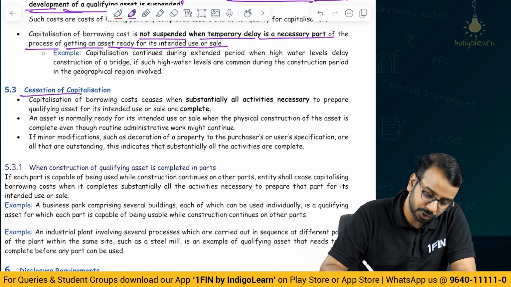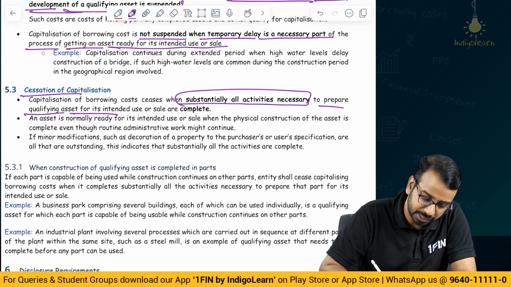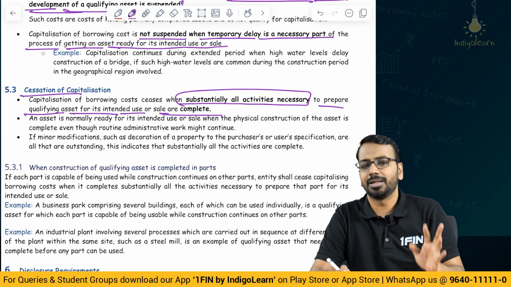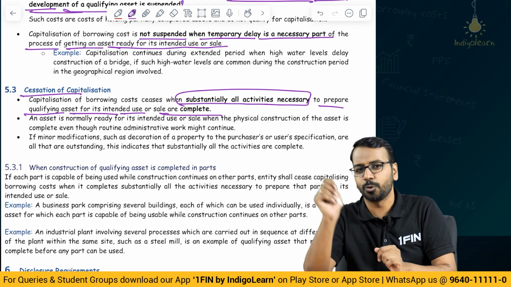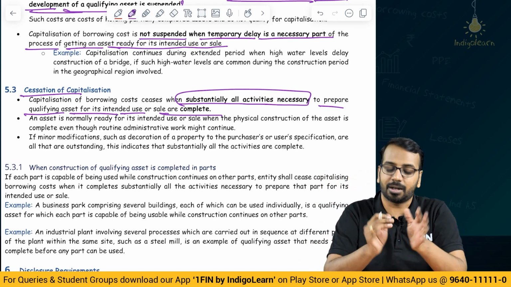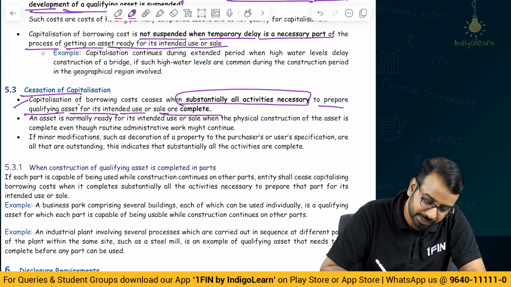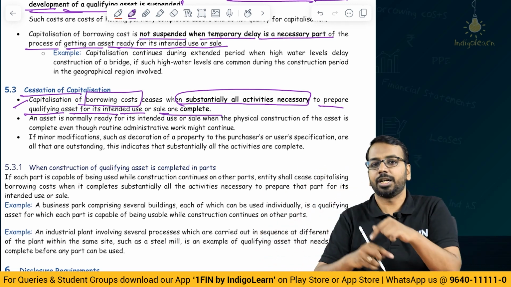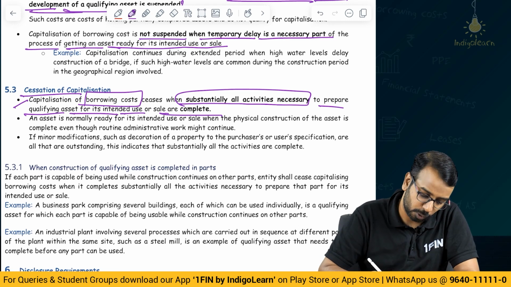When do you stop capitalization? When substantially all the activities necessary to prepare the qualifying asset for its intended use or sale are complete. So substantially all the activities are completed. Just ribbon cutting is pending, some small screw fitting is pending, major activities are completed, then you will stop capitalization of borrowing cost. The normal expenditure capitalization will continue, borrowing capitalization will be stopped.